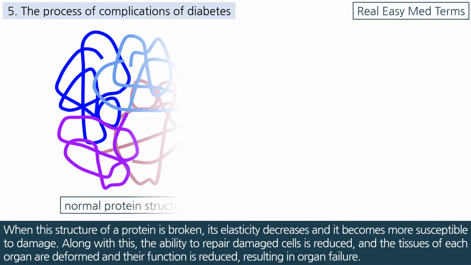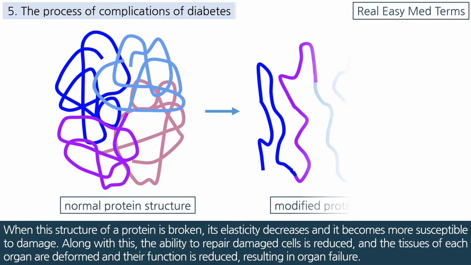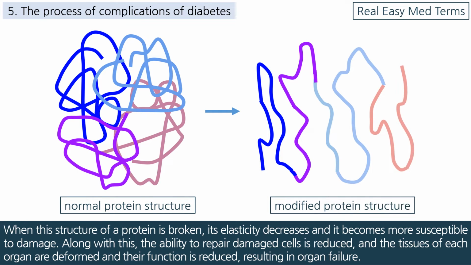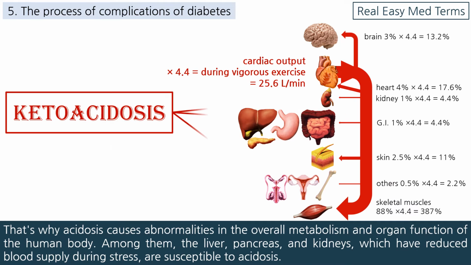When this structure of a protein is broken, its elasticity decreases, and it becomes more susceptible to damage. Along with this, the ability to repair damaged cells is reduced, and the tissues of each organ are deformed, and their function is reduced, resulting in organ failure. That's why acidosis causes abnormalities in the overall metabolism and organ function of the human body.